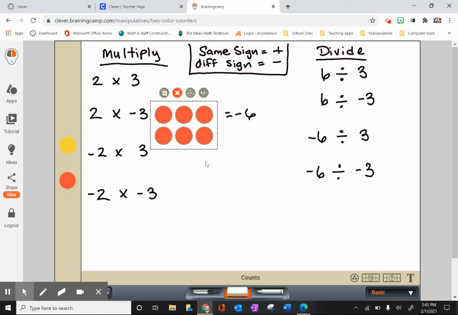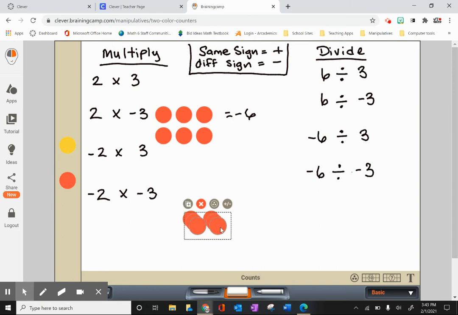That doesn't change if the other factor is negative. So instead of saying two groups of negative 3, we could look at this third example here as three groups of negative 2. So this could be a group of negative 2, and I'll do three groups of them.